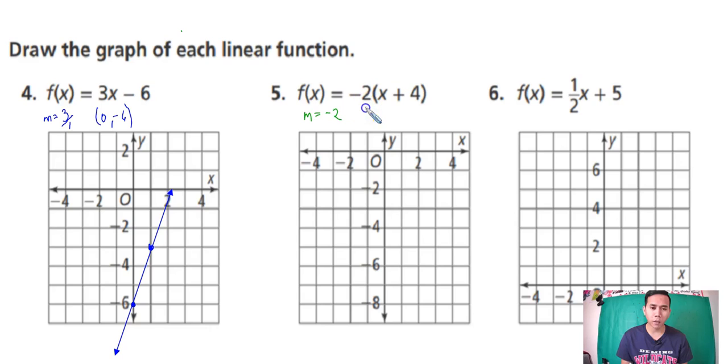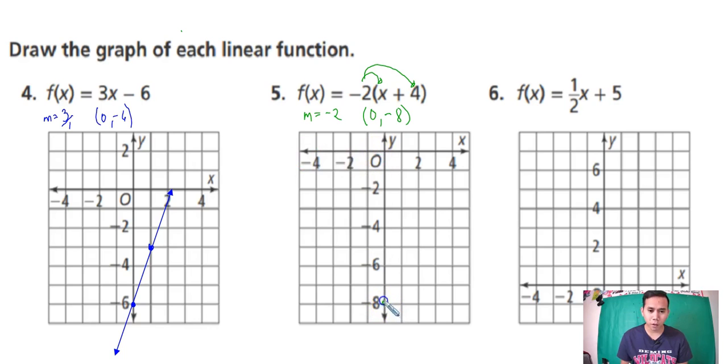Our y-intercept will be 0, negative 8, because if you check that and do the distributive property, it will give you negative 2x minus 8. All right, so first graph our y-intercept, which is 0, negative 8.